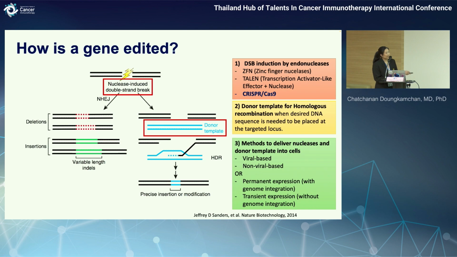And finally, we will have to deliver all of these gene editing tools into the cells. That was the previous lecture by Dr. Doungkamchan, on the methods to deliver nucleases and donor templates into the cells.